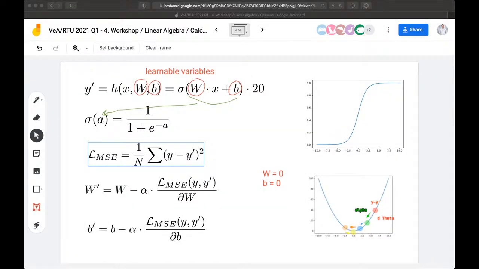Do you understand the model and training so far, plus minus? If minus, then please type in exactly what is not understandable.